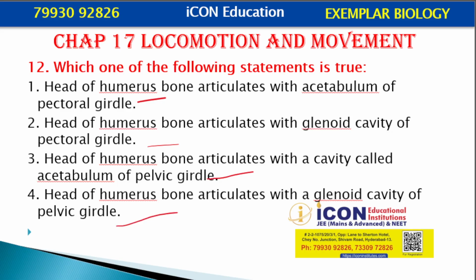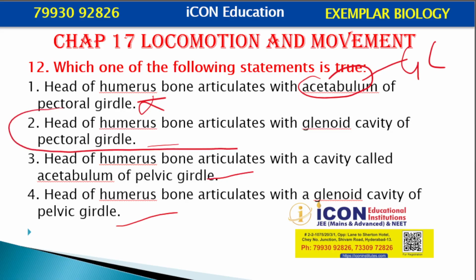Let's see one after another. Here it should be glenoid cavity, so that's why the first is wrong. Head of humerus bone articulates with the glenoid cavity of pectoral girdle. This is right.